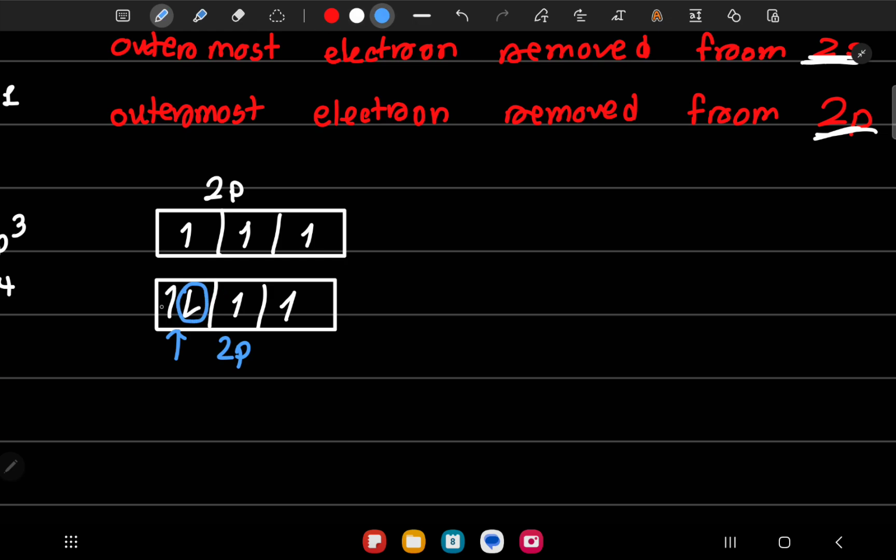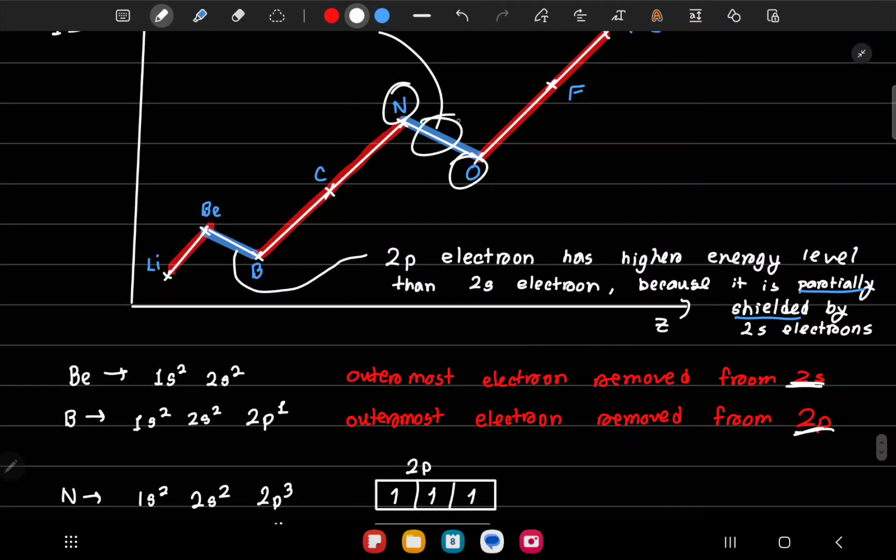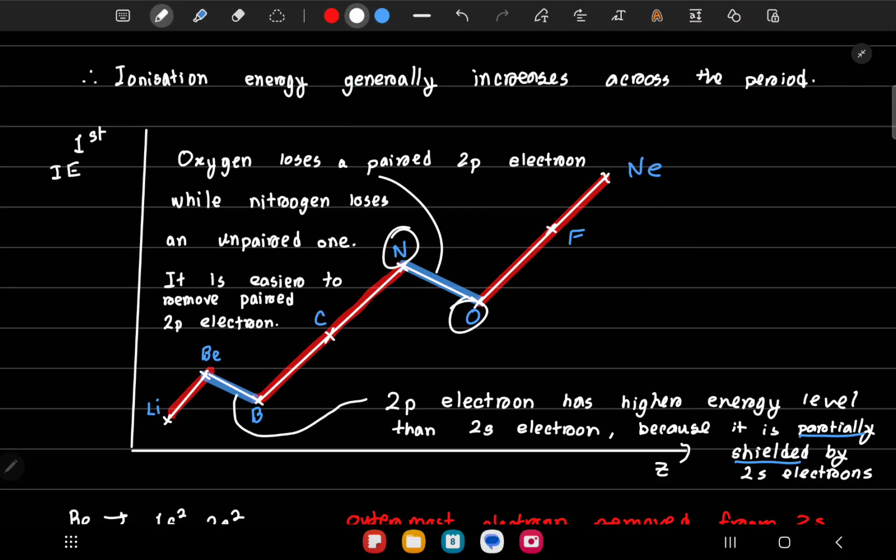So this electron over here will be easier to remove than one of the 2p electrons from nitrogen because those are unpaired. Simply put, paired electrons are easier to remove. This causes the exception. So this is the reason behind this dip: oxygen's paired 2p electron is easier to remove than nitrogen's unpaired 2p electron.